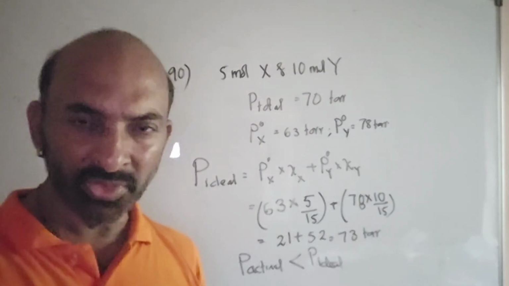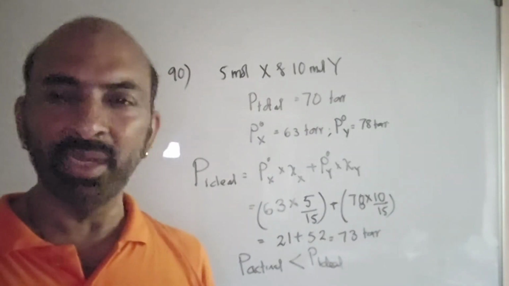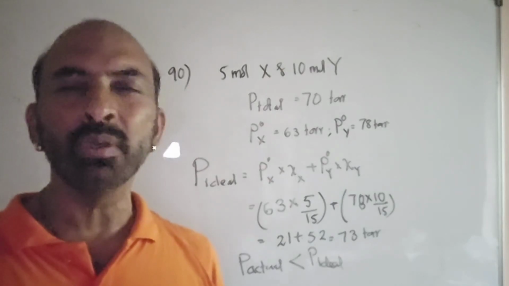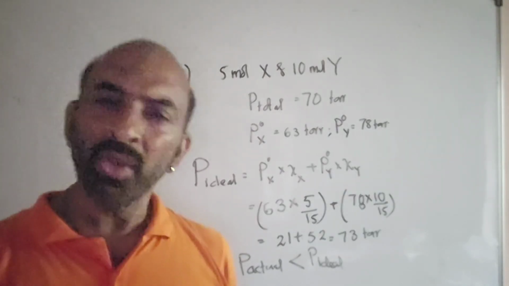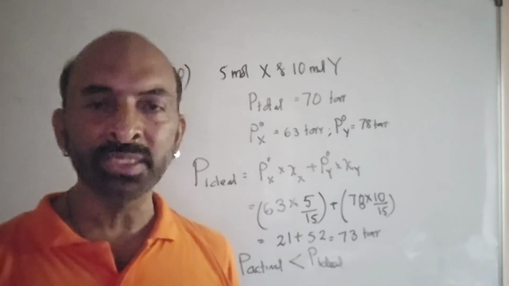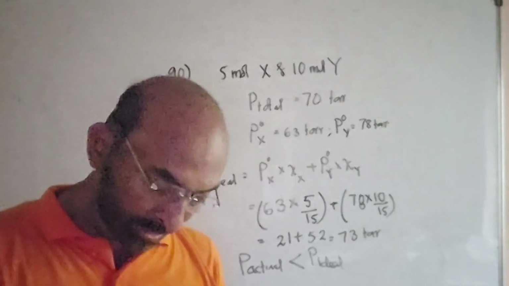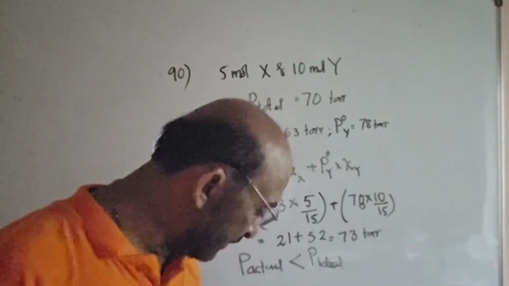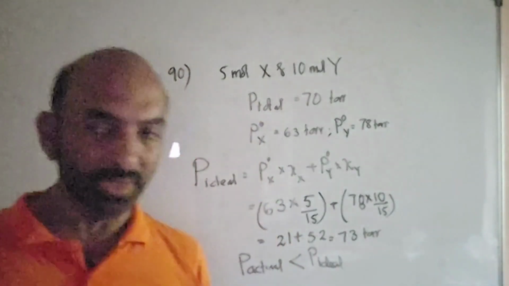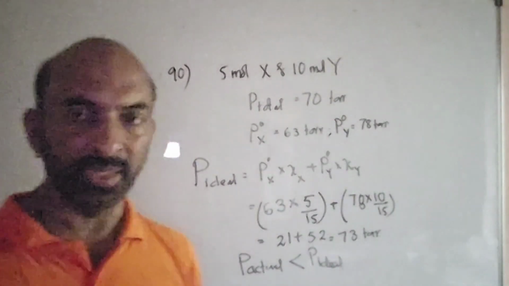One suggests positive deviation, another negative deviation, another ideal. Only one can be true. There is nothing confusing about it. So very straightforward. Our answer for this question is 3: the true statement is that the solution shows negative deviation.